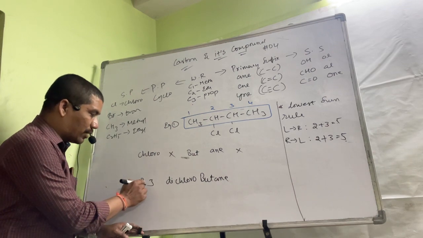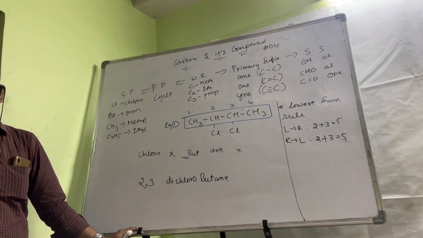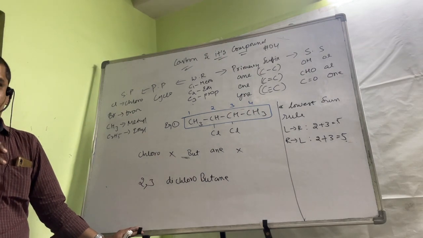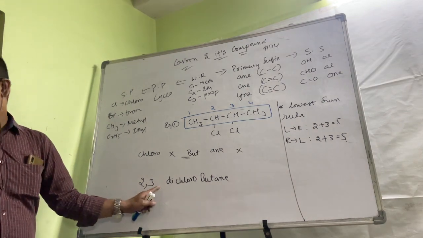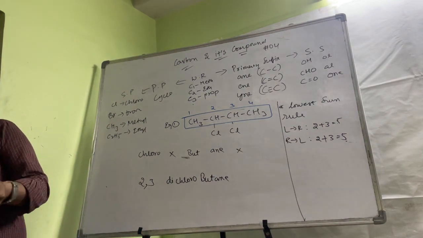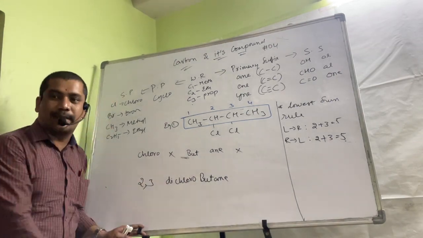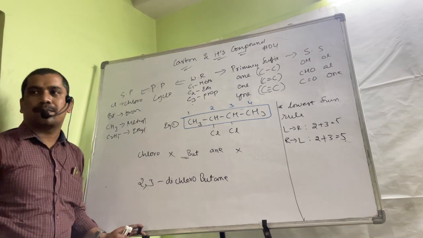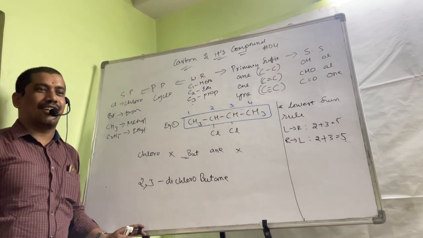Between numbers we should write a comma. This is also one rule. Whenever two numbers are next to each other, between them you must keep a comma. One more rule: here number, here alphabet. Between number and alphabet you should keep a hyphen, or dash.